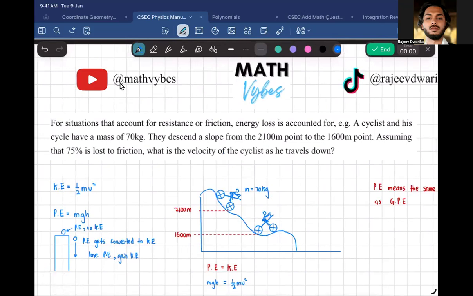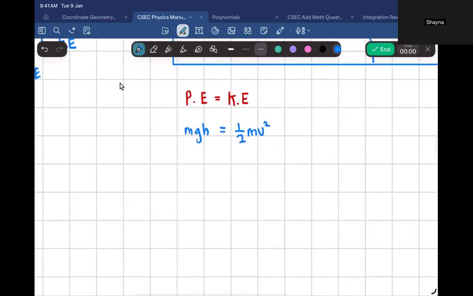What is being lost to friction? Of the energy. Exactly. So if 75% is being lost, how much potential energy would actually remain?